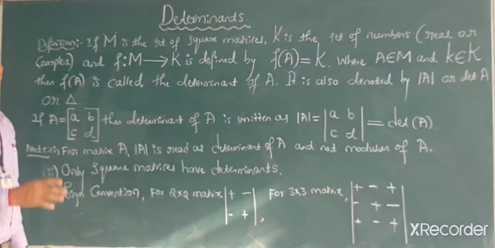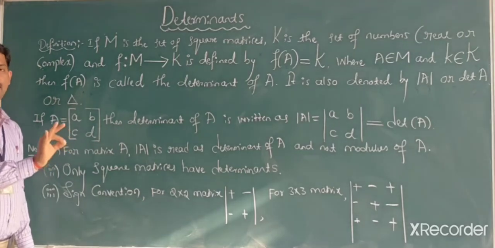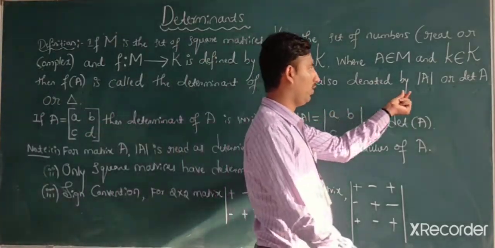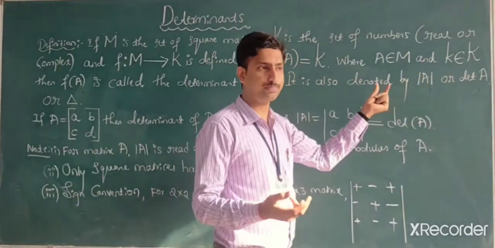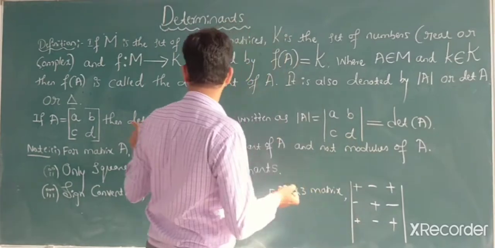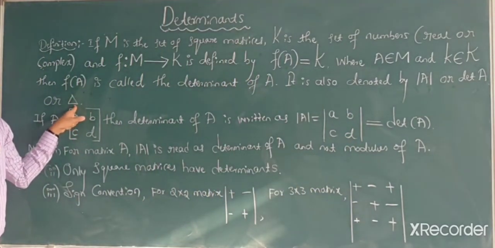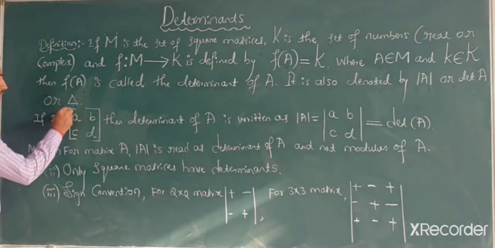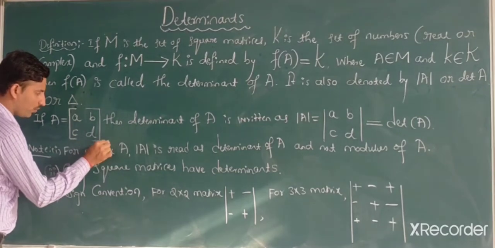There are three namings for determinants. If the square matrix is A, then you write determinant of A, or dt of A. If the matrix is not mentioned, you can simply write it as delta. In the determinant chapter, this delta represents a determinant. Suppose you have a square matrix of order 2 cross 2.